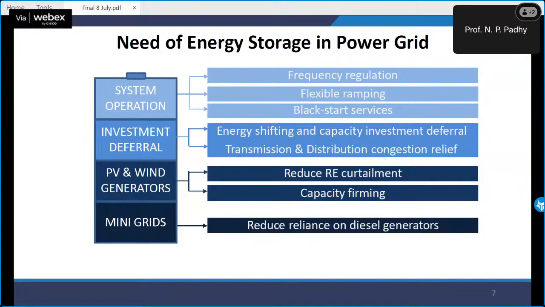And then capacity farming, then mini grids reduce reliance on diesel generators. Like the local people I told you about with the UPS, either you run a diesel generator or you run your battery, whichever is comfortable to you. But in this country today, we all prefer a diesel generator instead of a battery, though it is not a good decision. But most of the time, we feel it's cheaper, or maybe I don't know the reason.